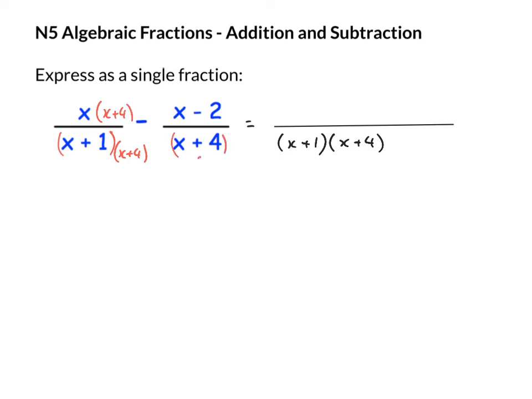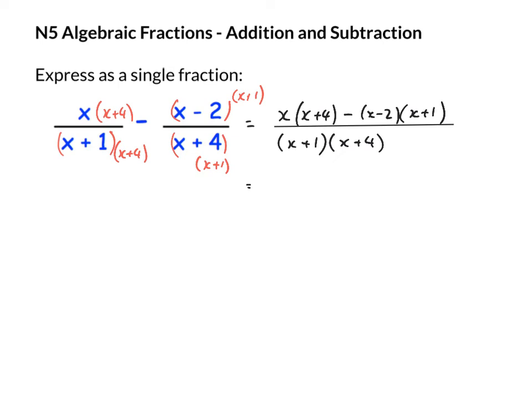I'll take the second one and multiply the top and bottom by x plus 1. So a lot of brackets there, but they're needed. So I've got x times x plus 4, subtract x minus 2, x plus 1. And that is going to equal.